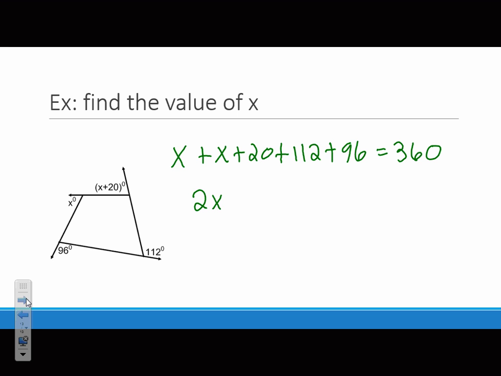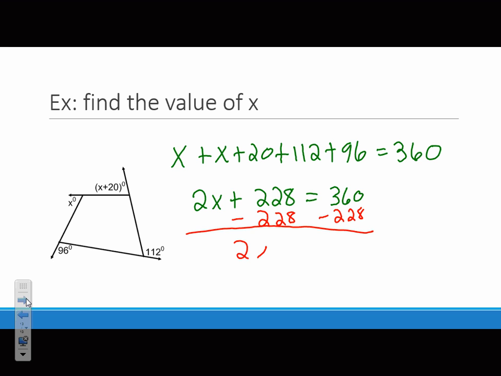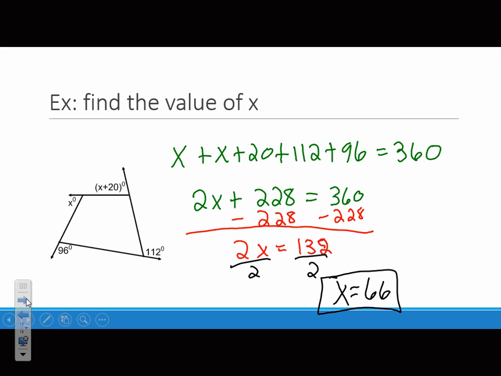So I get 2x plus 228 equals 360. Solve this one. I'm going to subtract 228 from both sides. 2x equals 132. Now we're going to divide both sides by 2. And x equals 66. And that is our final answer.